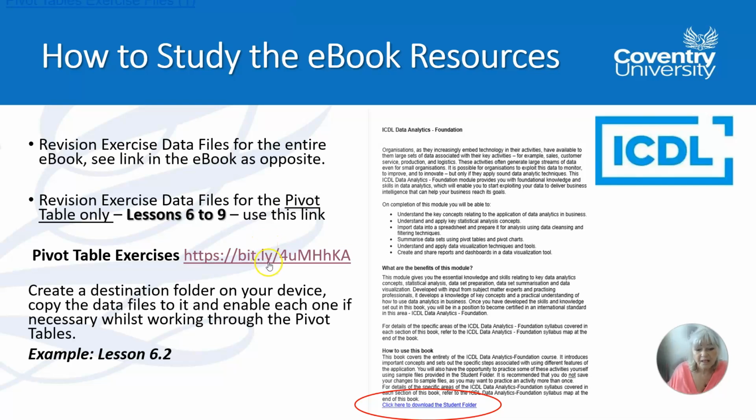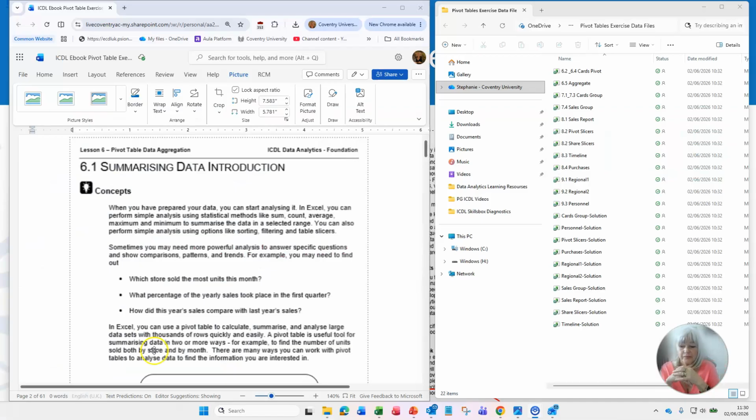So these ones, as I'll show you in a moment, are specific to lessons 6 to 9 and relating to pivot tables. So you can create that destination folder, download it, and then, as I've said before, if you're working through the pivot tables, make sure that you enable if that's the case. So let's do an example of the first one, just so that you get an idea of what is expected of you.